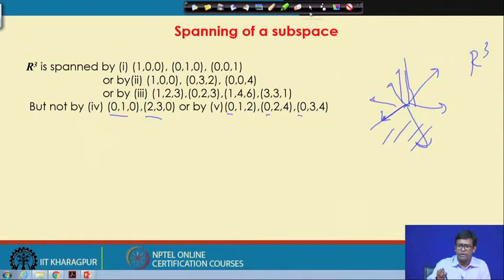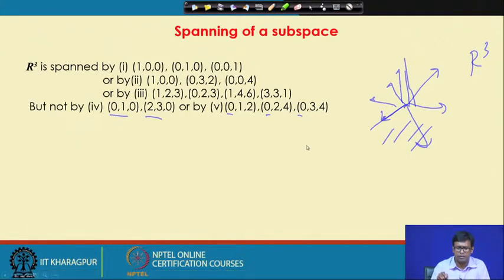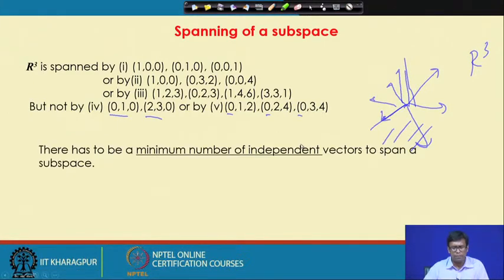So, what do we need? We have to have minimum 3 vectors to span R3. We can have more vectors, but these 3 vectors cannot be linearly dependent. So, there has to be a minimum number of independent vectors to span a subspace. If we have fewer vectors than that, we cannot span the subspace.